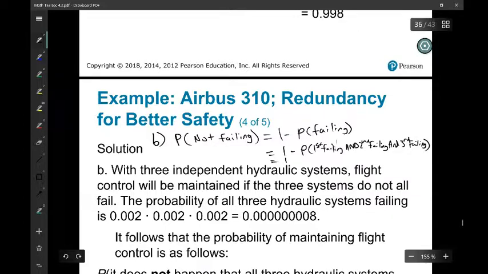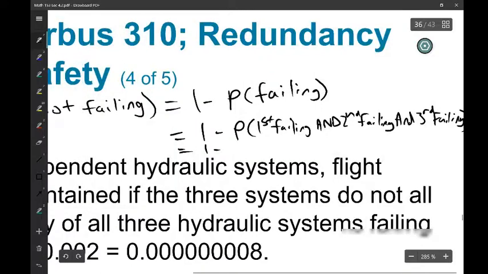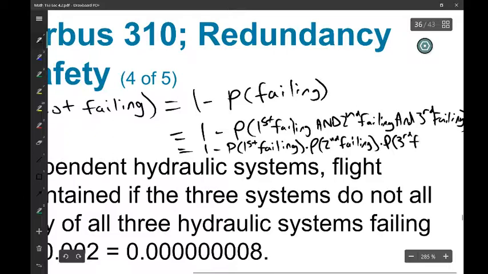And since they're independent, we can change these ands into multiplication. So 1 minus probability of first failing times probability of second failing times probability of third failing.